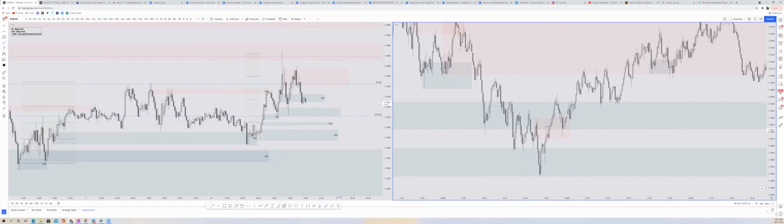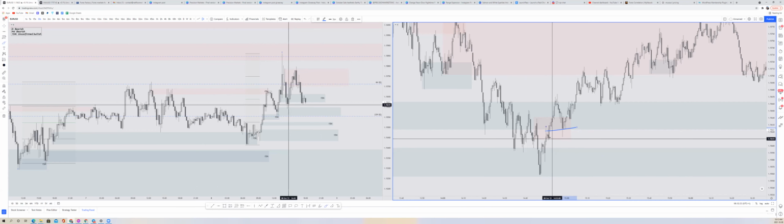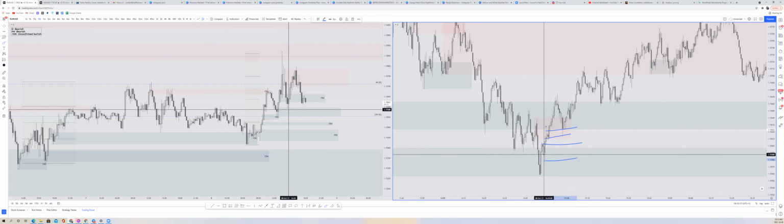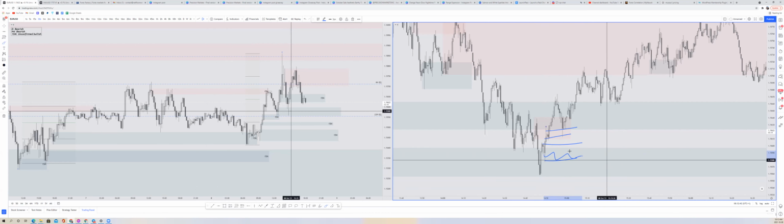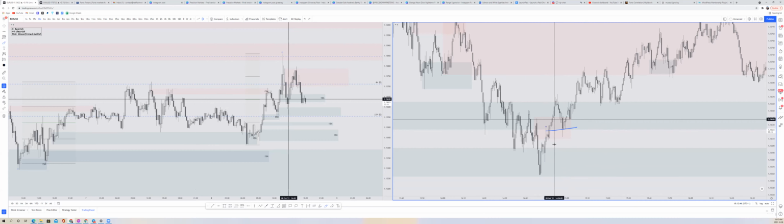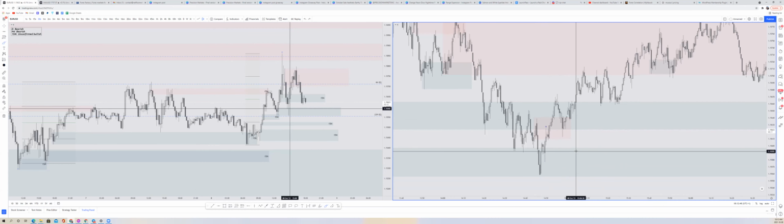To me, there were 2 areas to enter. This was the first, which I wish I put the order in, but I ended up just going off this wick or the bottom half of it, because to me it seemed like a more probable area. Obviously, it didn't work out for me in this case. But essentially, the seconds is no different than the 1 minute.